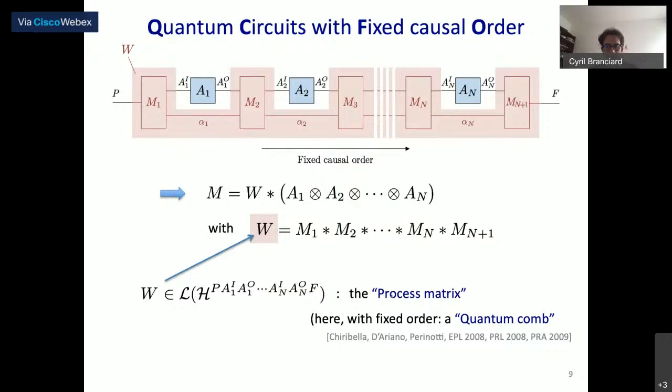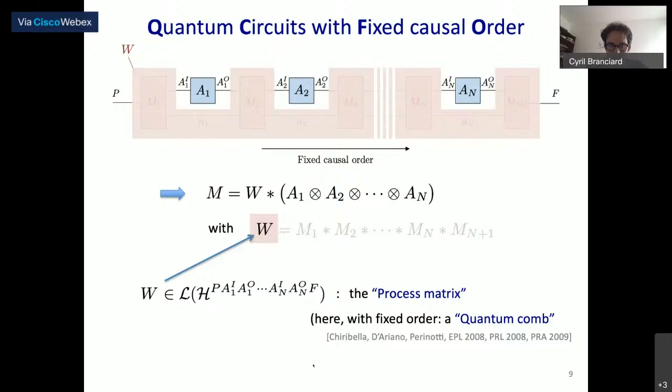All the information that is inside this pinky salmon circuit, all these operations, is encoded somehow into this process matrix. At least all the information that you need to know to obtain the global induced map M is in this process matrix. In this case, the way it was introduced, it was called a quantum comb, which is just a process matrix where the circuit has a well-defined causal order.